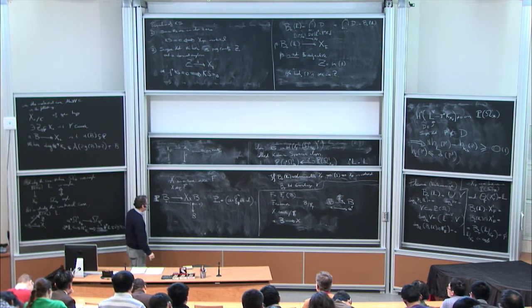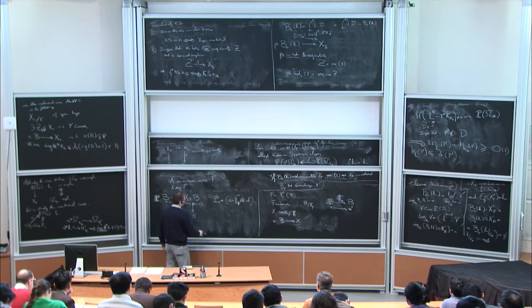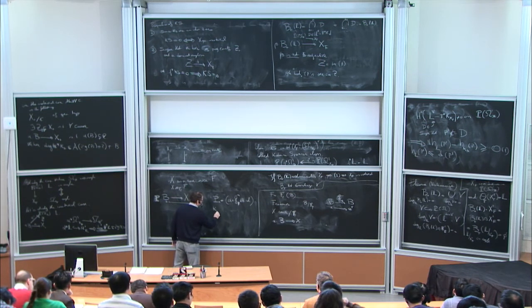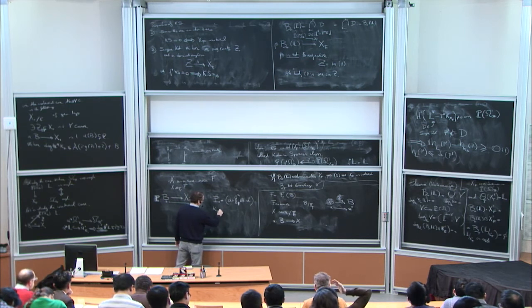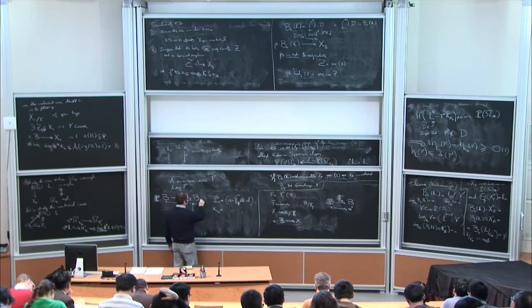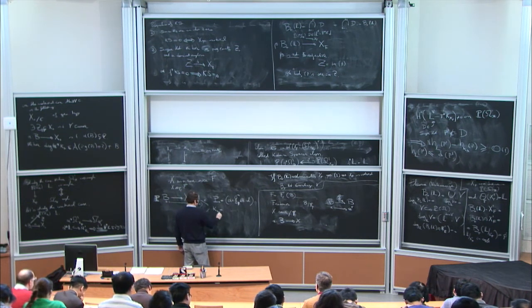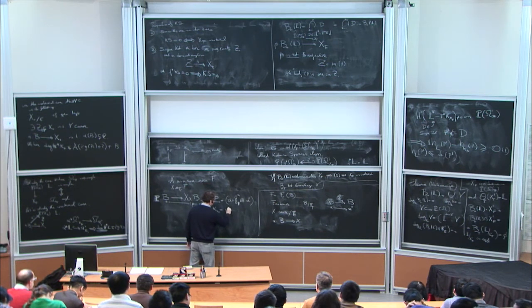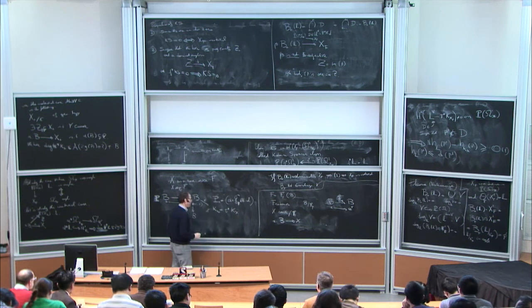And now the point is that the canonical sheaf of X_F is just, with the projection over X, pr upper star of K_X.